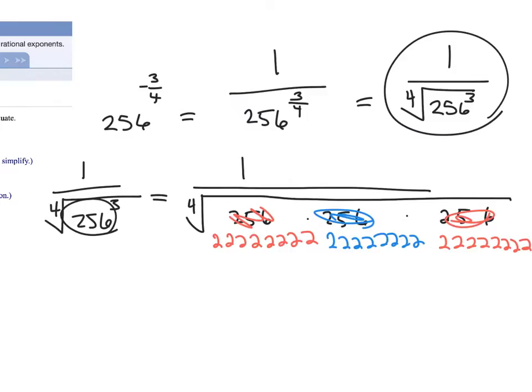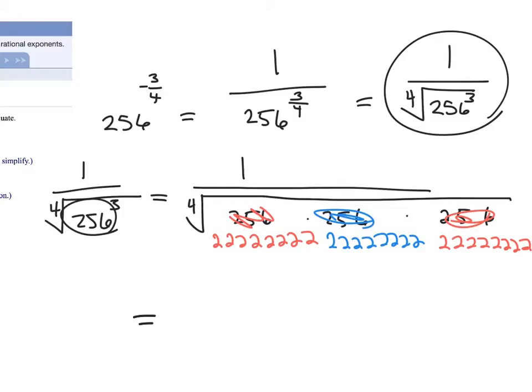All right, so we can continue simplifying this. This 4 means if you see 4 twos, you circle them, you cross them out, and you write a 2 outside.